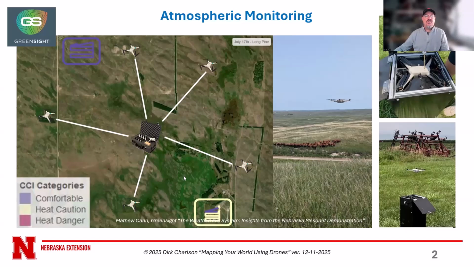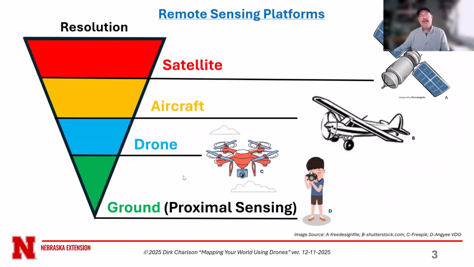What I'd like to do is shift gears from collecting air quality data to talking about remote sensing using imagery. Later today, we're going to talk a little bit about how satellite imagery is used to monitor ranches and feedlots and such.